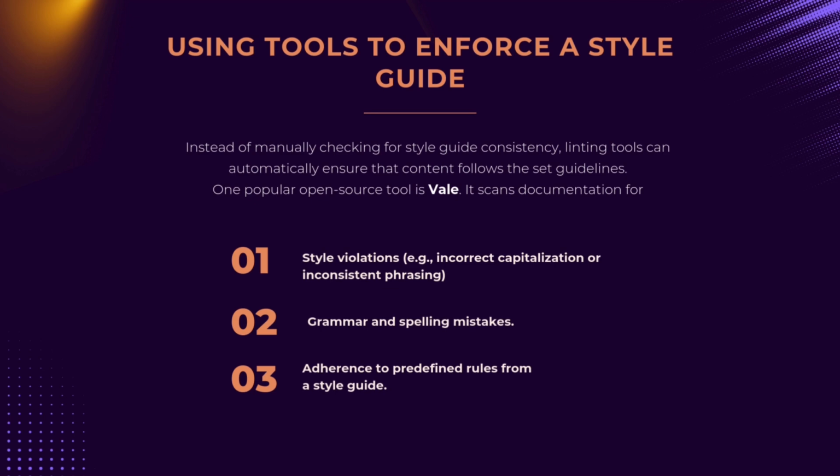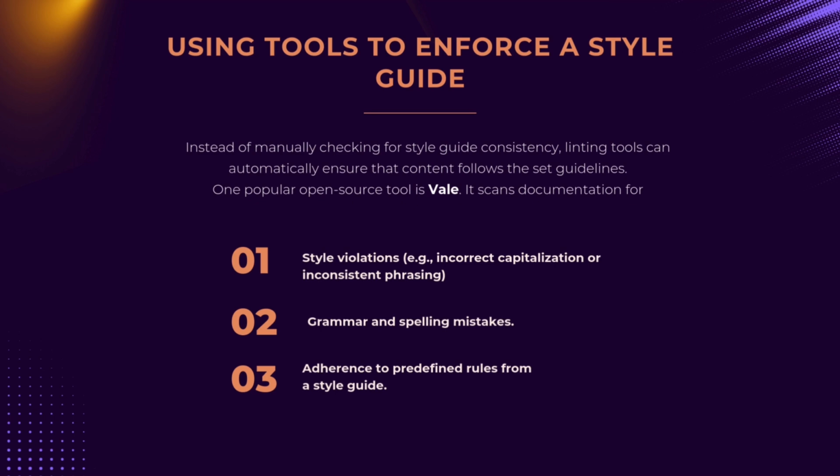So Vale is a very awesome tool that is used to enforce the writing style guide in documentation. When you have Vale installed and you want to write and send your content on GitHub, because Vale works with GitHub very well, when you're done and you want to push, it's going to flag if you have any grammatical or spelling error.